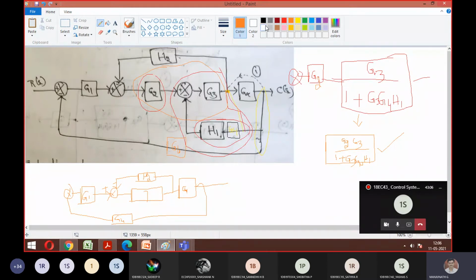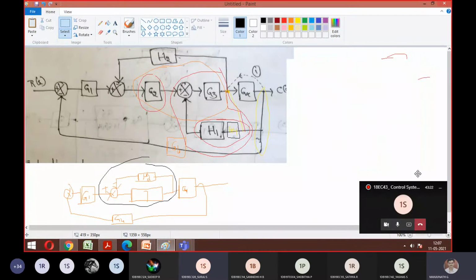Get me the equivalent answer for this block now. Tell me what is the answer. G2, G3 by 1 plus G3, G4, H1, whole divided by 1 plus the same numerator into H2. Is it okay with the answer your friend told?